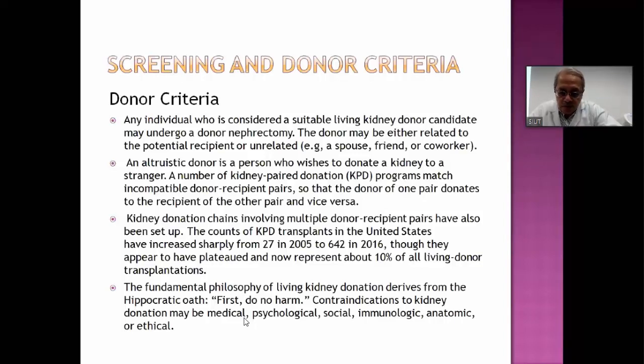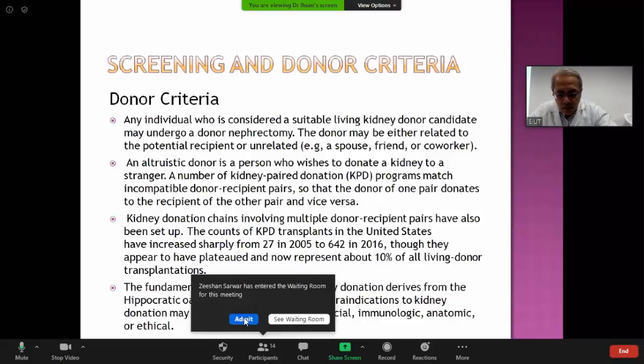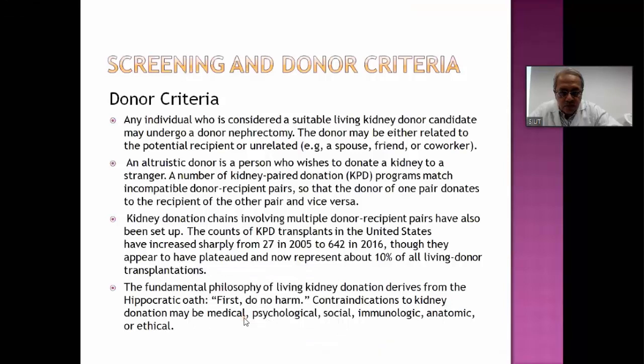Maybe there is a sister in the family who is a younger person, and who has no say in affairs related to her. She might be unmarried. So medically she is a very fit donor, but ethically she is not.